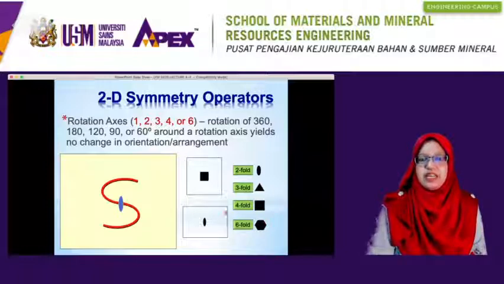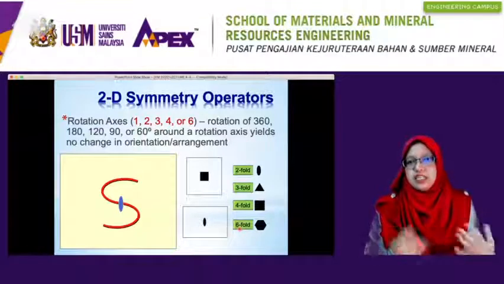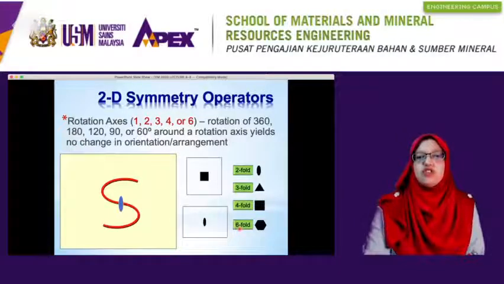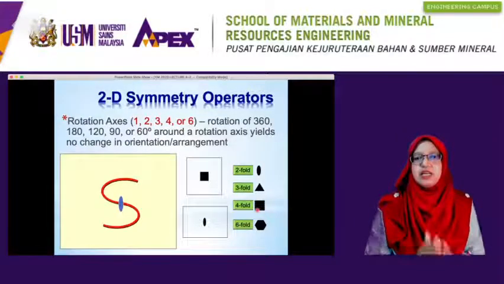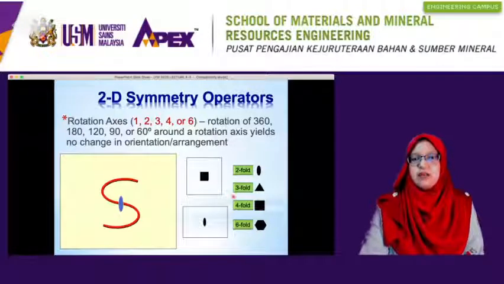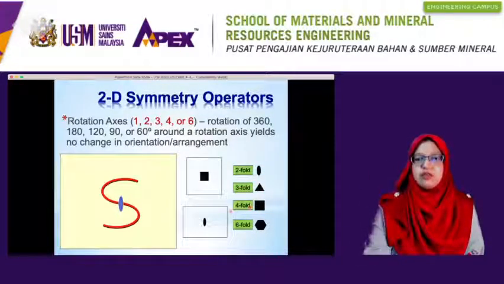You really need to know these rules, because later on, when we look at other symmetry operators, they also have different symbols. So make sure you can draw the correct symbol for the correct symmetry operator. Please practice drawing, and remember, twofold is like this, threefold is a triangle, make sure you color it, then fourfold and sixfold. There's no symbol for onefold.